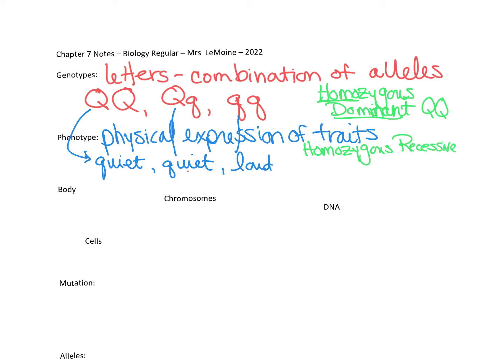Recessive is your little letters, so that would be little q, little q. And then the heterozygous combination would be your big Q, little q.